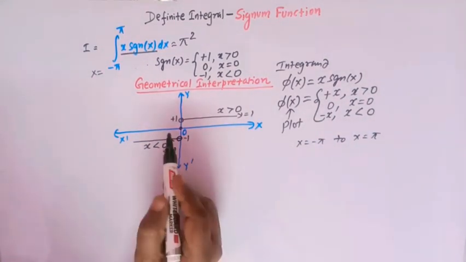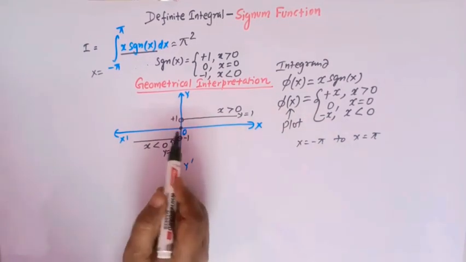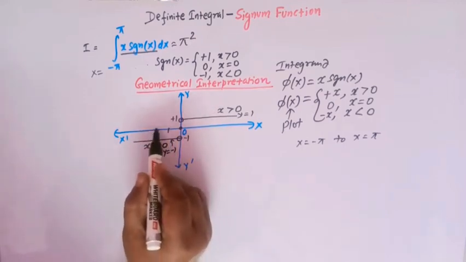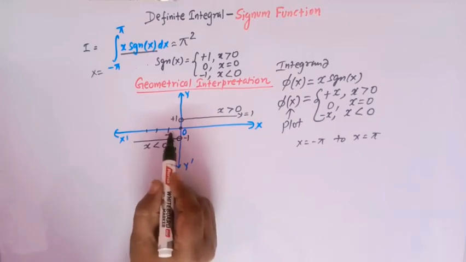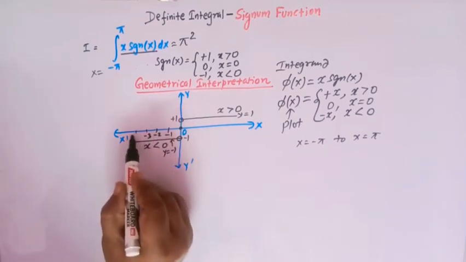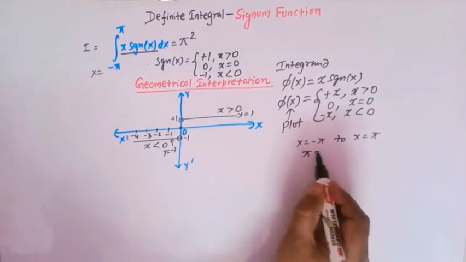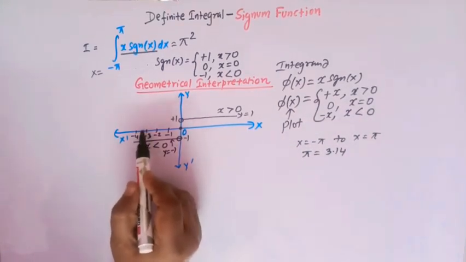So if we take x equal to minus pi on the negative x-axis, then it will lie somewhere here. This is minus 1, this is minus 2, this is minus 3, and this is minus 4. Pi is approximately 3.14, so it will lie somewhere here.